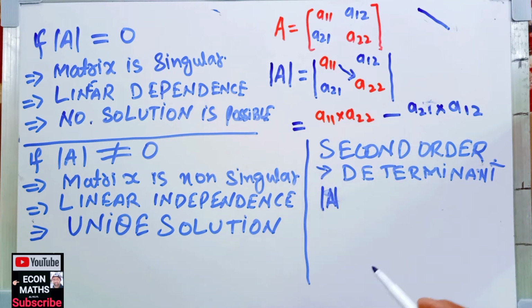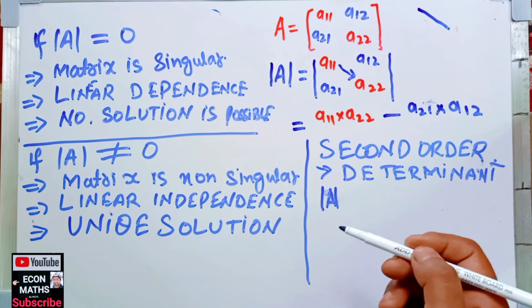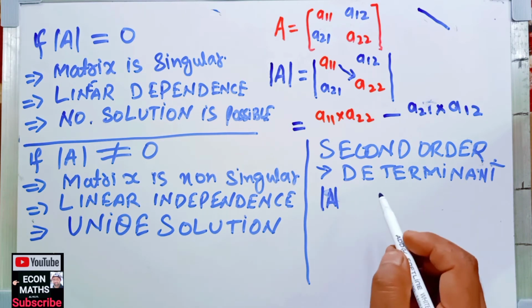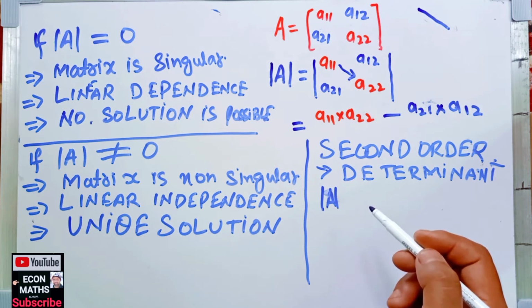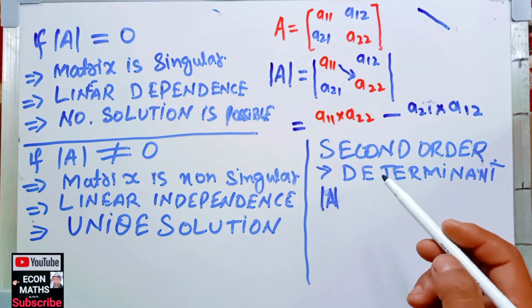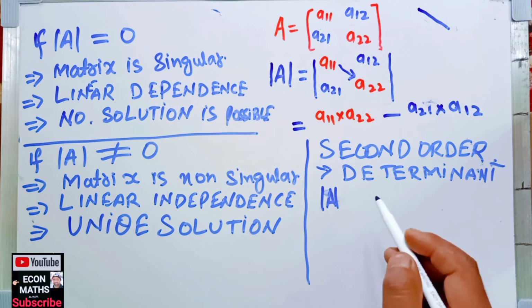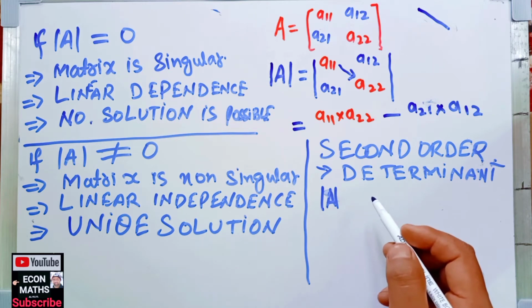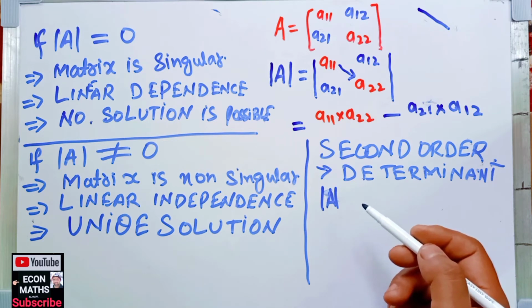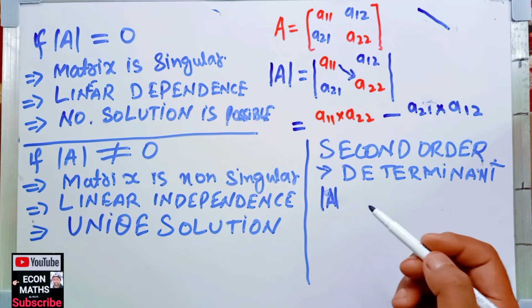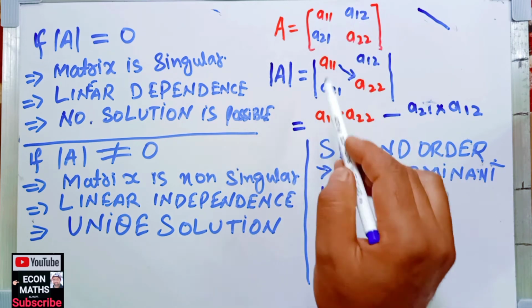Similarly, if I have a 3 by 3 matrix, one important point to be remembered is that we can only find the determinant of a square matrix. A square matrix is a matrix where the number of rows is equal to the number of columns. Here the number of rows is 2 and the number of columns is 2.